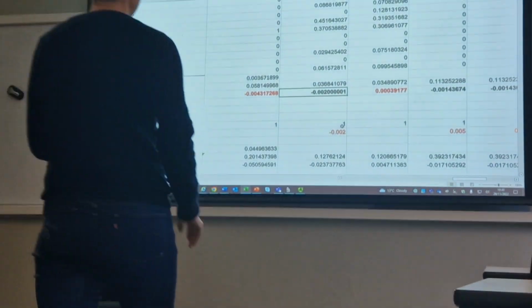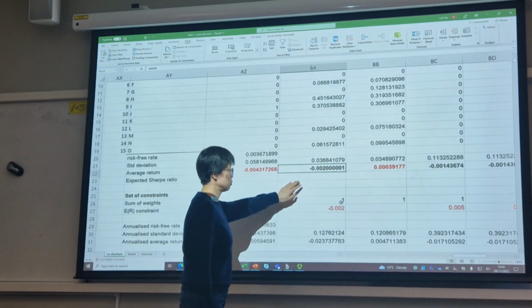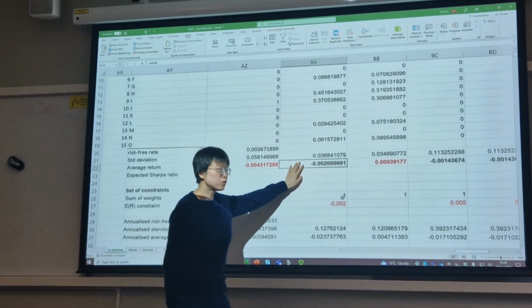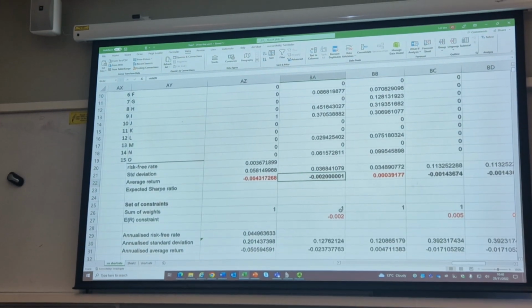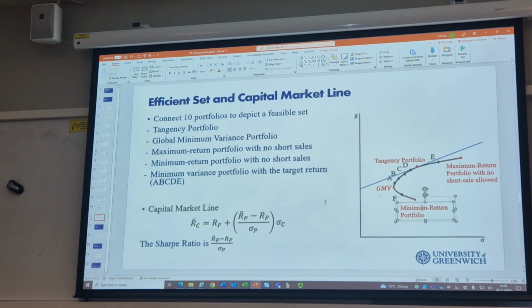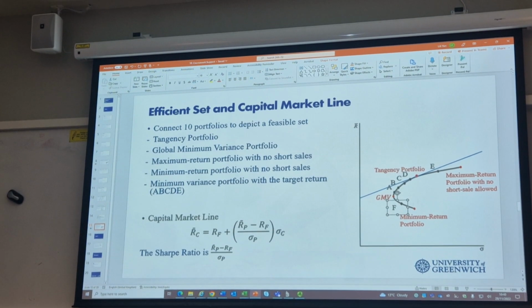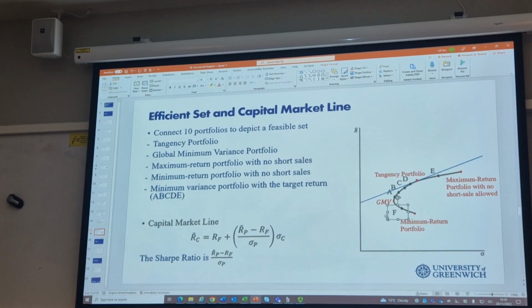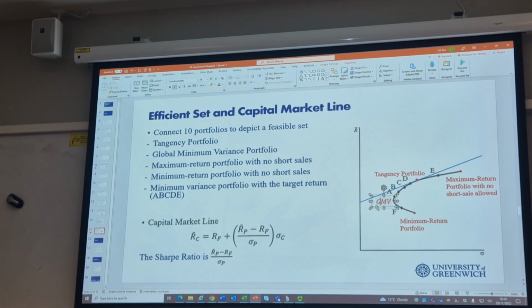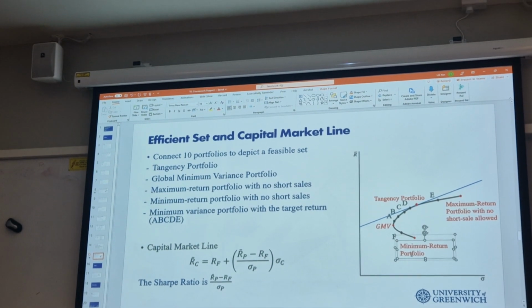Okay. So I just showed you how to construct this portfolio 2. This portfolio 2 is basically portfolio F here. It lies in between the global minimum variance portfolio and the minimum return portfolio.